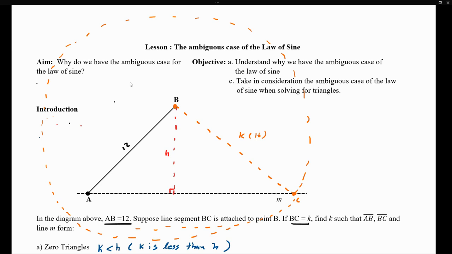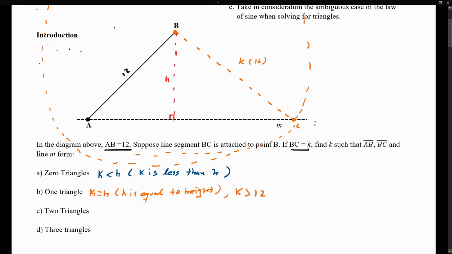Because if I keep going around, C is just going to be touching the base of the triangle at this point and this point only. So therefore, if this third side is greater than the other leg, which in this case is 12, then we could only create exactly one triangle.